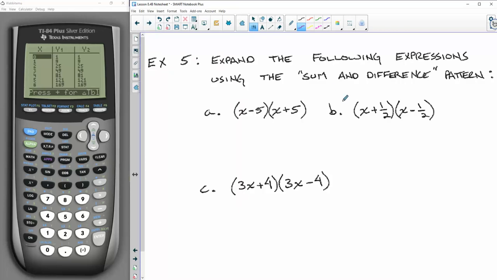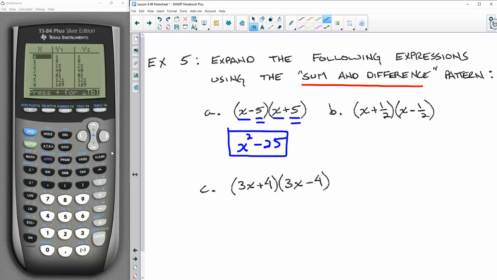Stuff like this. So we're going to use the sum and difference pattern here. See, this is x minus 5 and x plus 5, right? So it should just be x squared minus 25, because the 5x and the minus 5x in the middle of the rectangle diagram are going to cancel out.